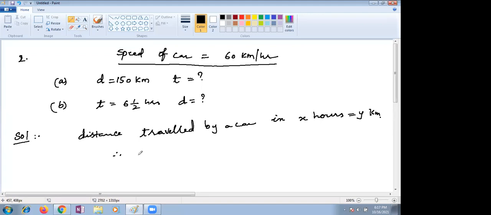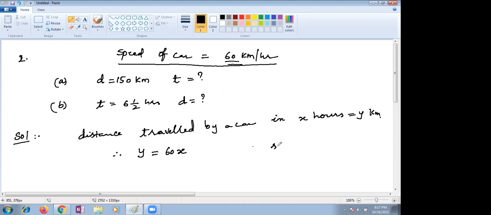Therefore, you have to build an equation here, children. y equals what is the distance traveled at 60 kilometers per hour? So 60x. You have to take it as y equals 60x, children. y equals 60x here.